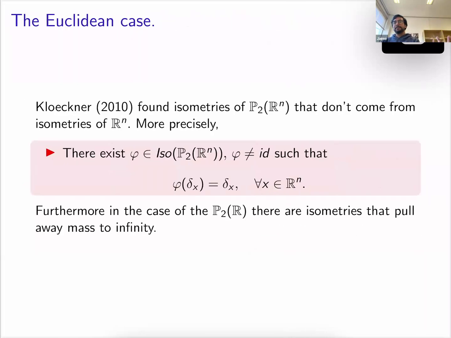What he finds is actually something like this, that there exist isometries phi in the isometry group of the Wasserstein space that are not the identity, but such that they fix every Dirac delta. So remember that I've embedded my space X by taking each point to its Dirac delta. So what it's saying is that that embedded image is just fixed, but somehow there are isometries that move other measures.